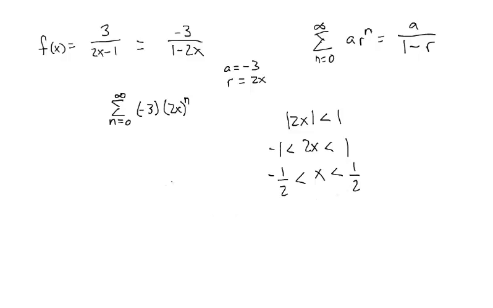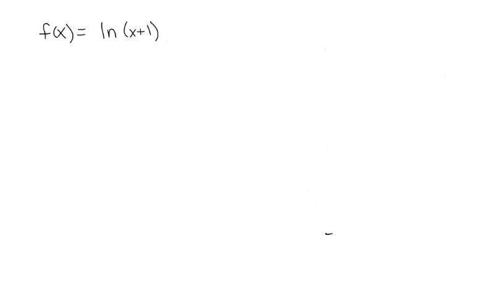So we have a radius of convergence, or R, of 1/2, and our interval of convergence is negative 1/2 to 1/2. And our power series for this function is the sum from n is equal to 0 to infinity of negative 3 times 2x to the n.